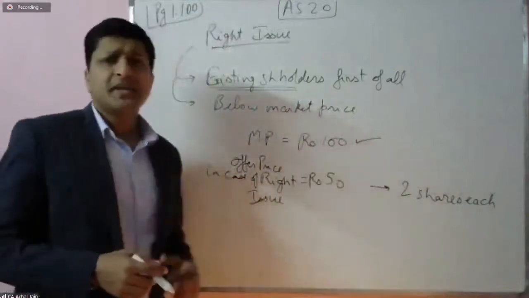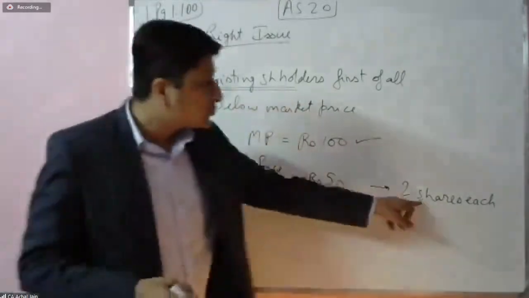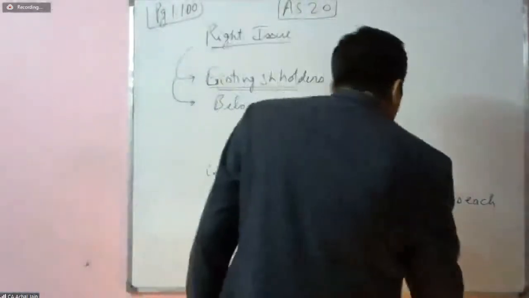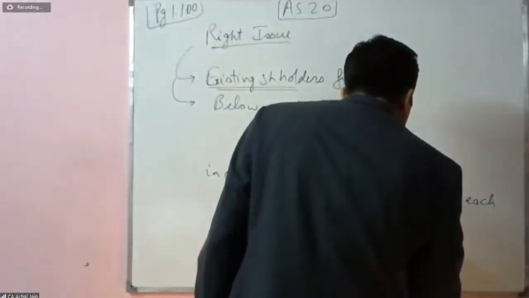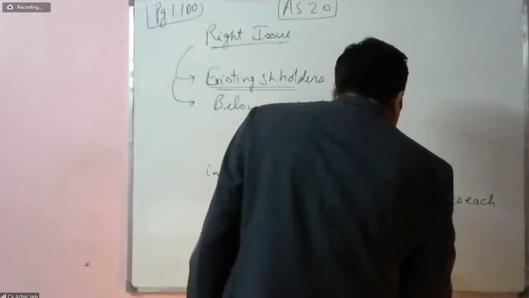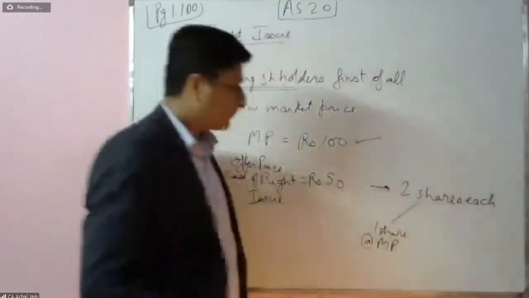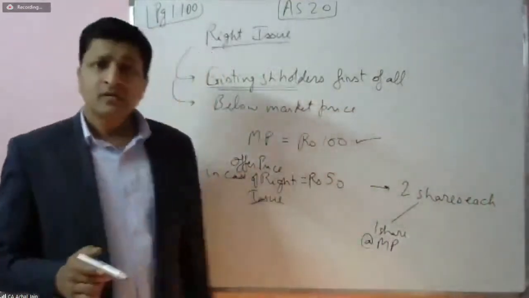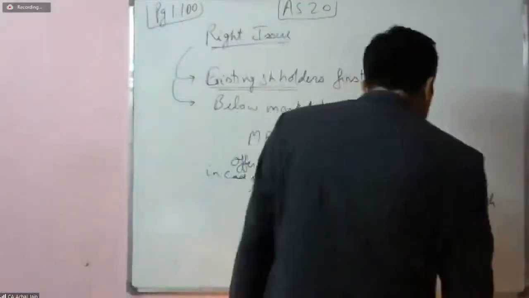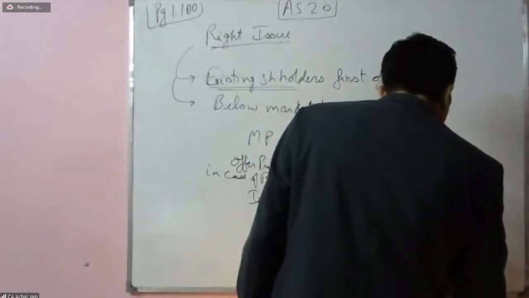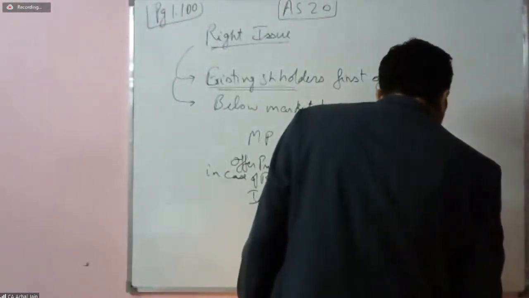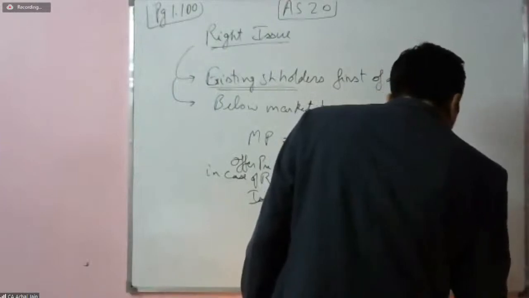We can also say here that out of these 2 shares, in a way, 1 share has gone out at the market price, and the other share, second share, has gone out free of cost.